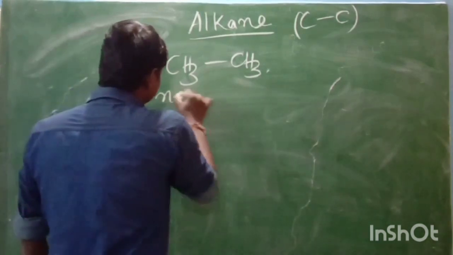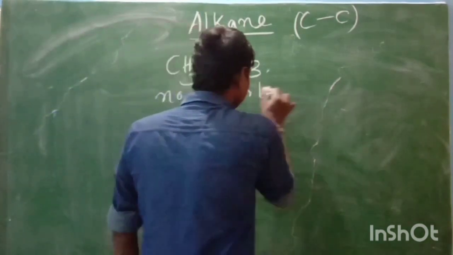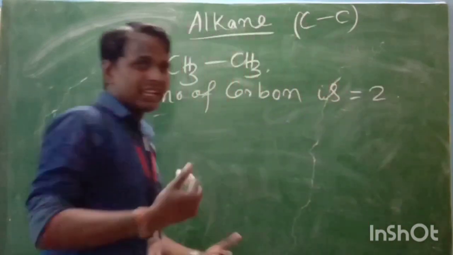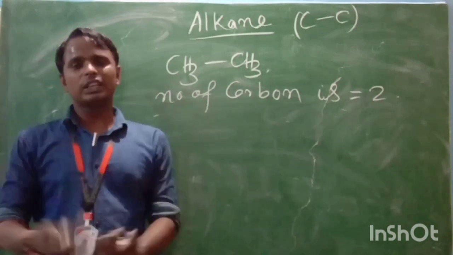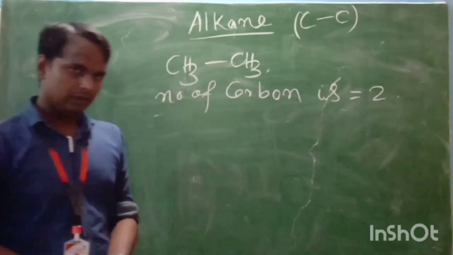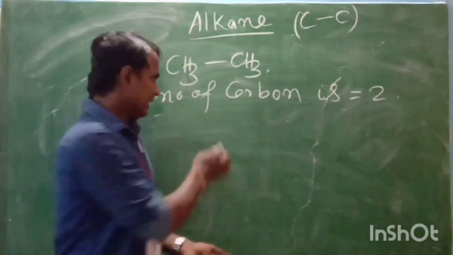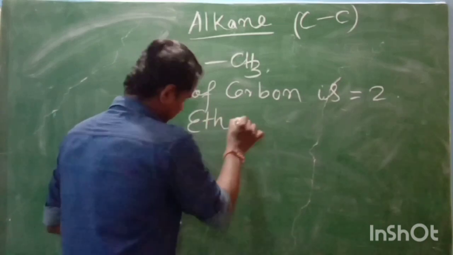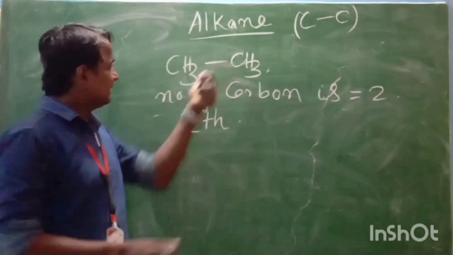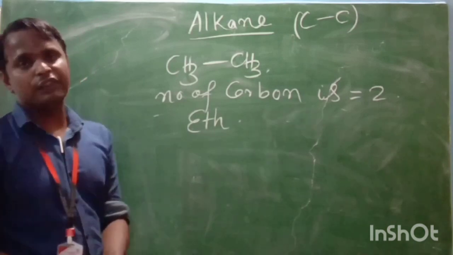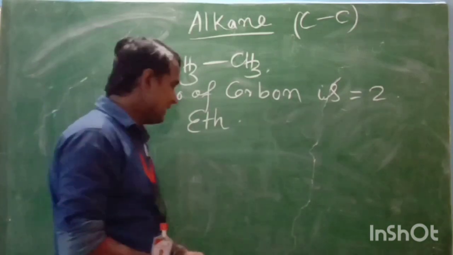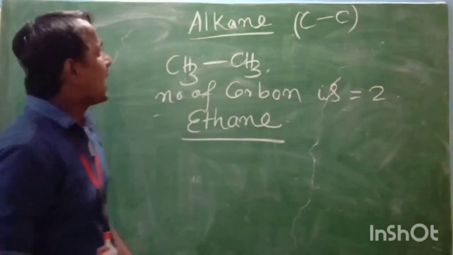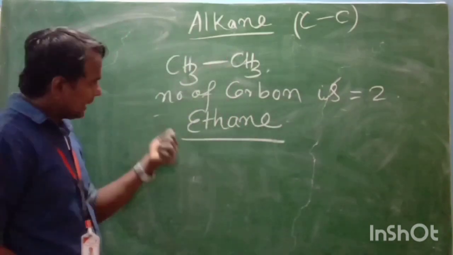Two means the root is eth. Here it is an alkane, so the suffix is ane. We add ane, and the name of this alkane is ethane.